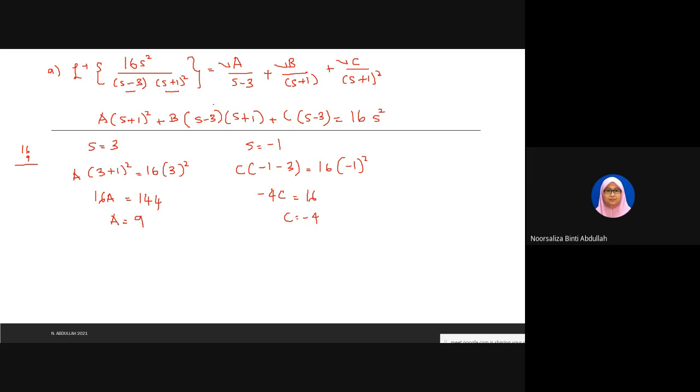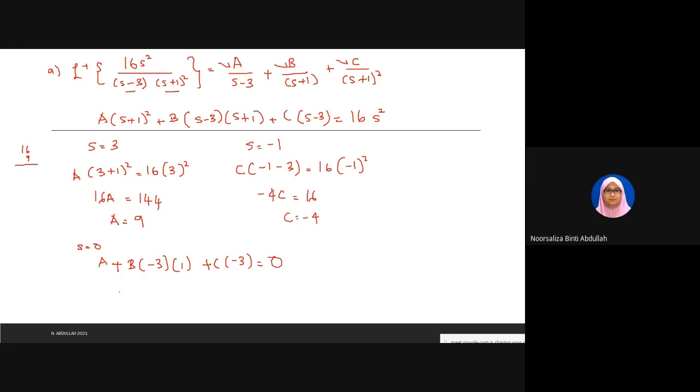Okay, to get B, you can replace S with any value. Boleh replacekan S dengan apa-apa nilai. Tapi nak senang, you just use S equals 0. If S equals 0, then A darabkan dengan 1, A plus B minus 3 times 1 plus C minus 3, right, equals 0.